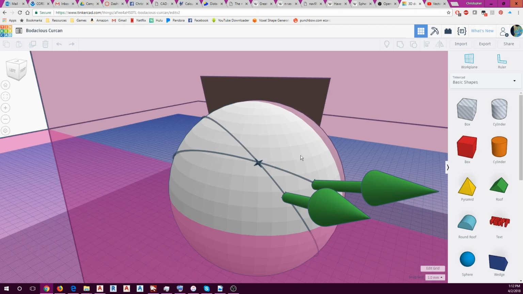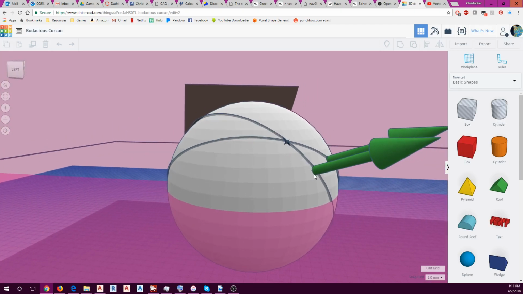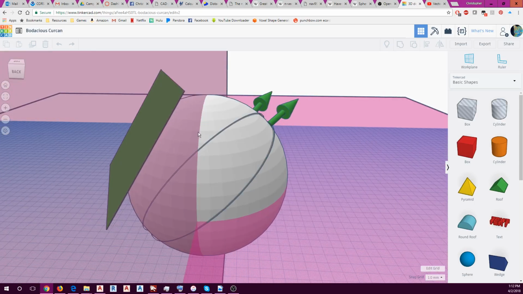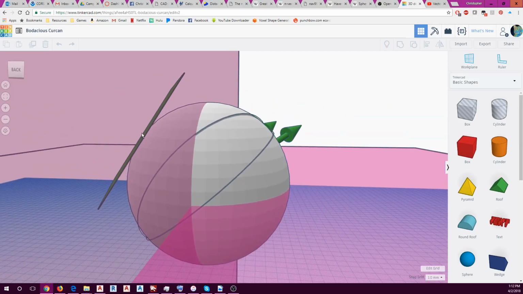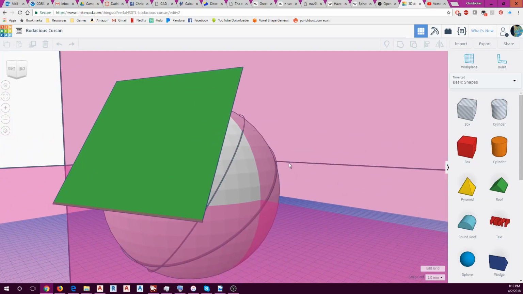That distance between 2 points in a Cartesian XYZ space is the straight line distance between them. But I don't want that because that would mean that I'm going through the Earth to get to these 2 points. If I had a point here and a point here, then the Cartesian distance between the two is literally the straight line connecting those 2 points. Well, that's actually really stupid because that's going through the entire Earth.